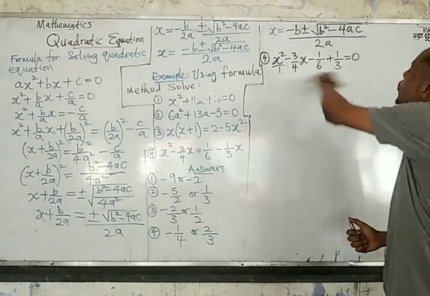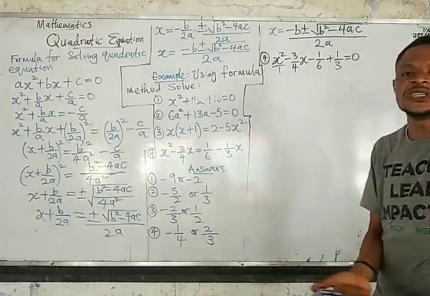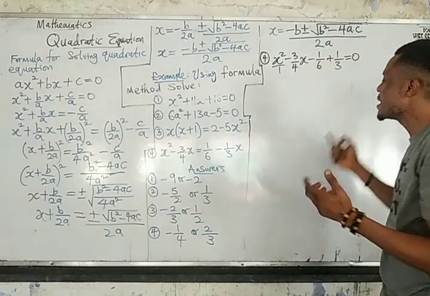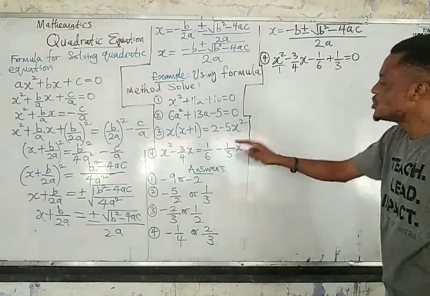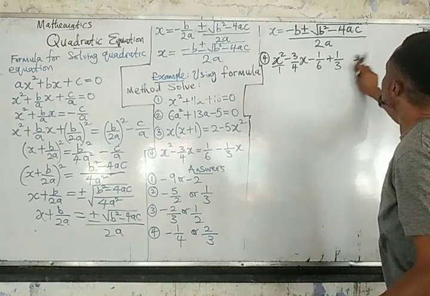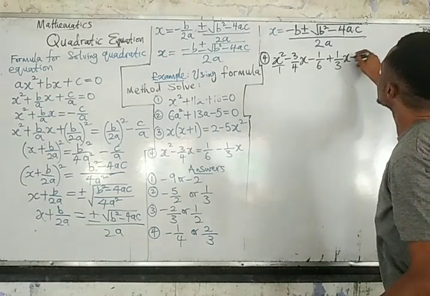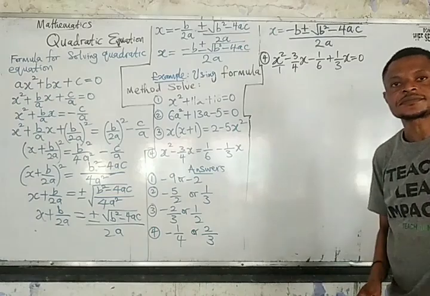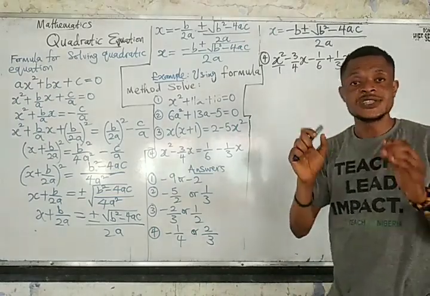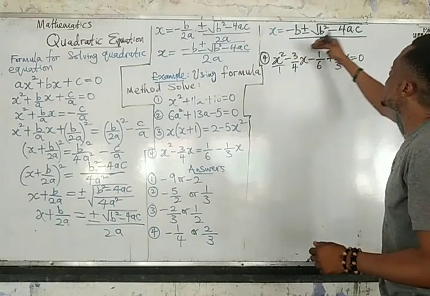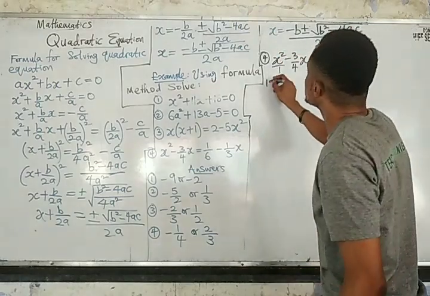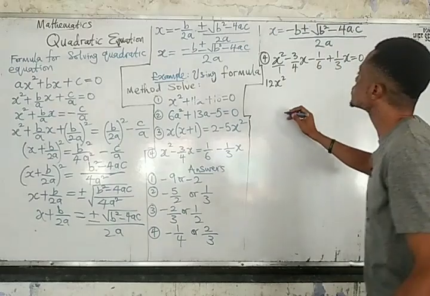So to stop it from being a fraction, we find the LCM of the denominator and we multiply all the numerators by the value. Mind you, we have an x here, so I'm going to place it here. We can't afford to forget that. The LCM of the denominator is 12. 12 multiplied by all the numerators: we have 12x squared.